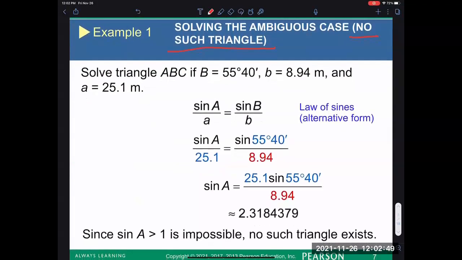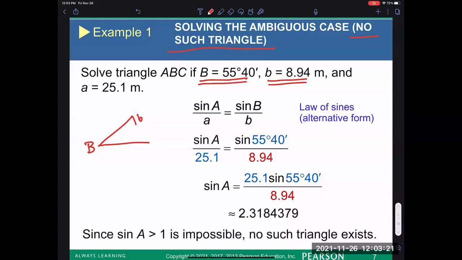So looking at the angle they're giving us, angle B, we can see that it's an acute angle. So we have the first situation where there are different possibilities. That means the angle B is opposite side B. In the triangle, I would be putting B down in the corner here, and I would be imagining side B would be up here.